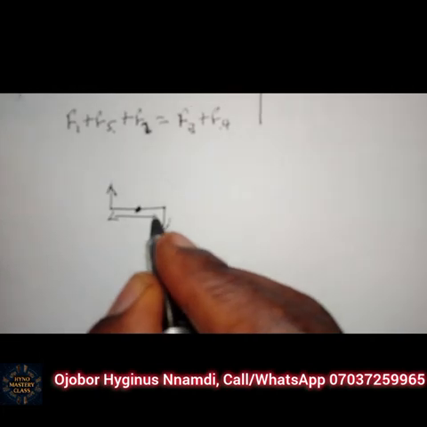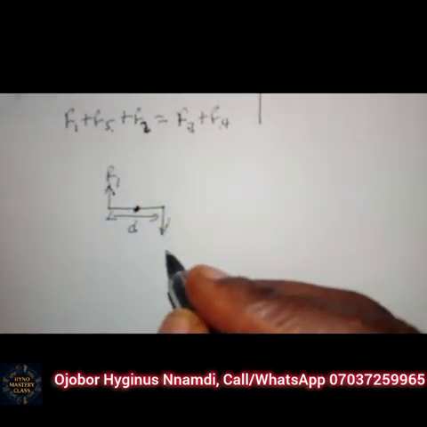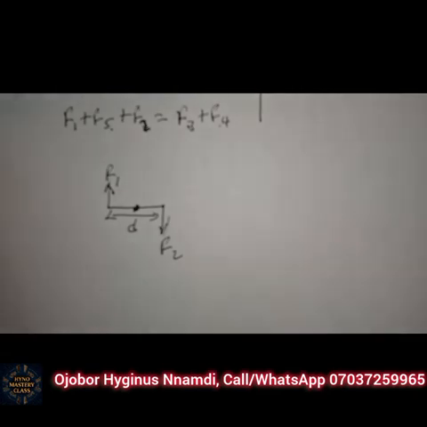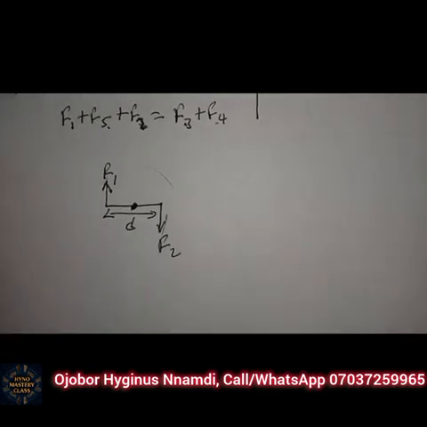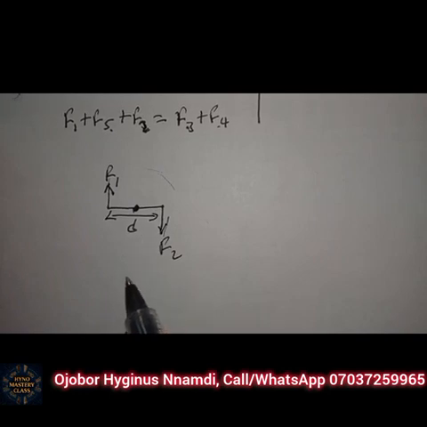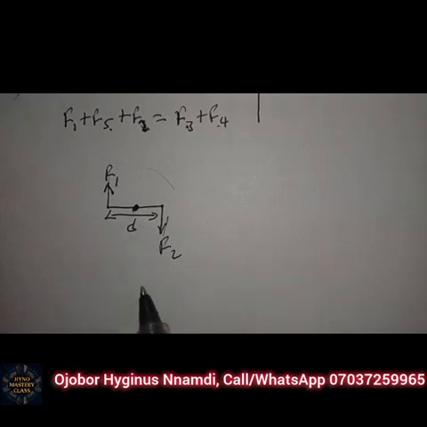The distance between the two forces, say, is d, and this force is F1, while this other force is F2. So the distance between them is d. So we say that a couple is two forces. This F1 and F2 are the couple.